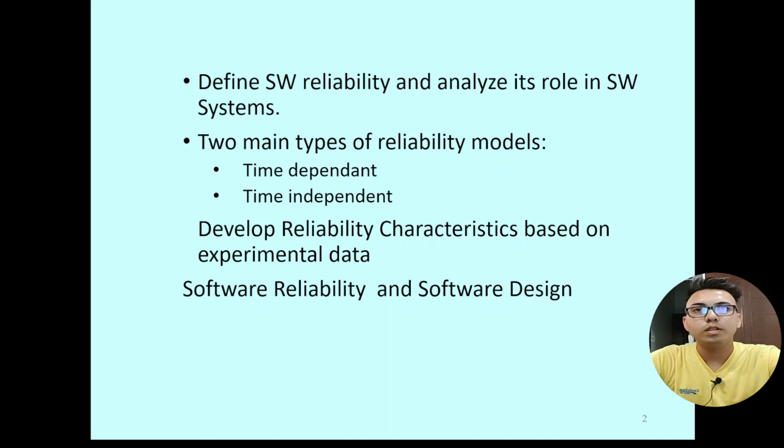The third is developing reliability characteristics based on experimental data, and software reliability and software design. So let's start this tutorial.